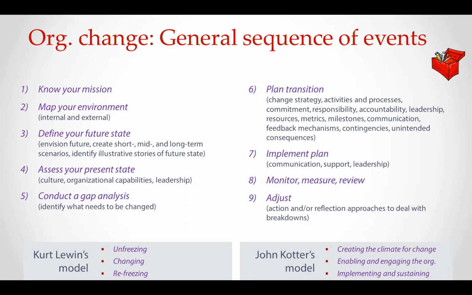Because if you recall our discussion about the 7S model, you can't make a change in one of the components and expect it to happen in isolation. That is not going to happen. Any change in any one of the components will have implications or impact or effect on the other components as well. So it is important for you to have a plan for each of those different components.